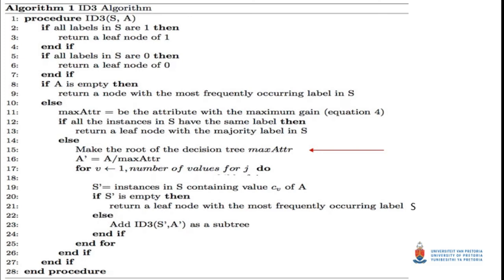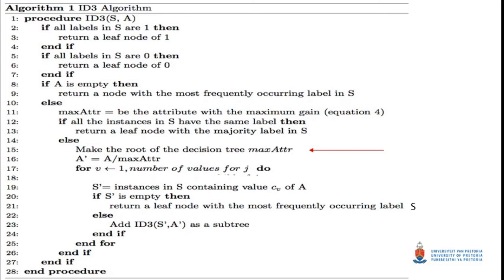If there's no instance including that value in your set S containing your data instances, then the leaf node just becomes the most frequently occurring label in S. If that's not the case, the node being extended is not a leaf node.